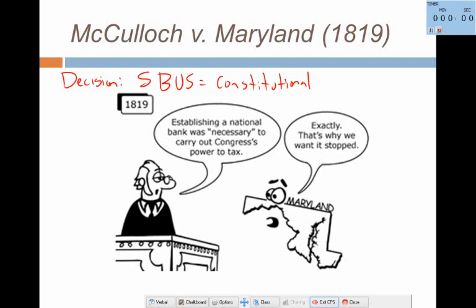The other thing you should know about McCulloch v. Maryland is it said that state law may not conflict with federal law.